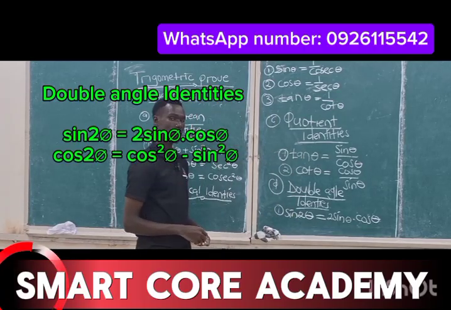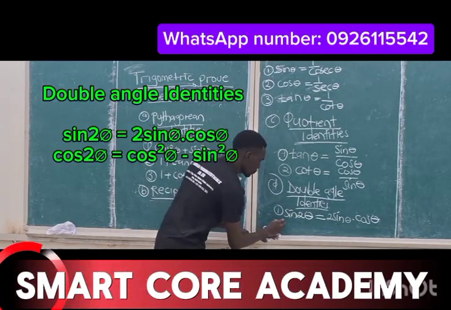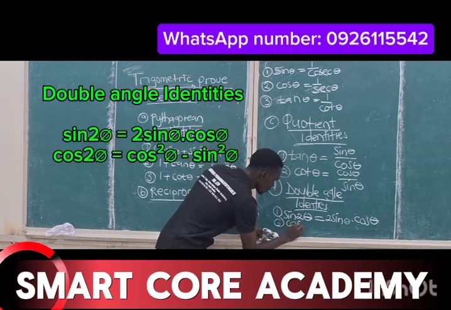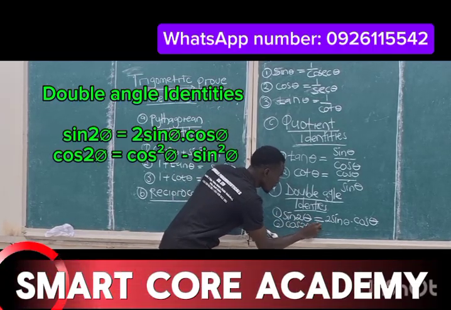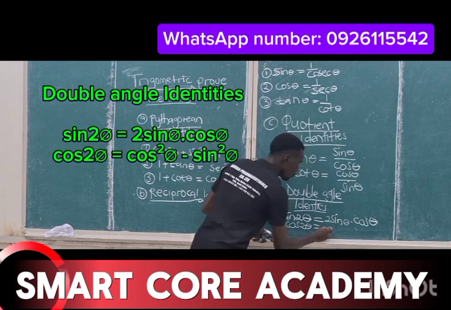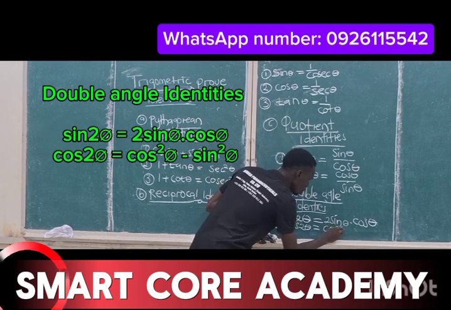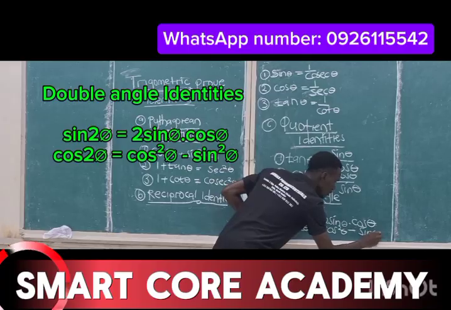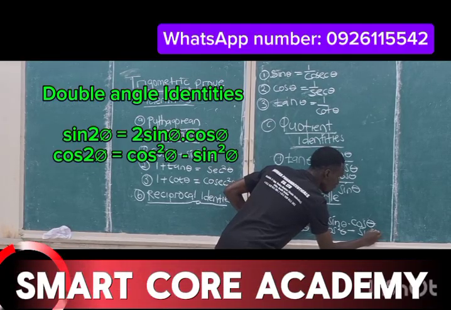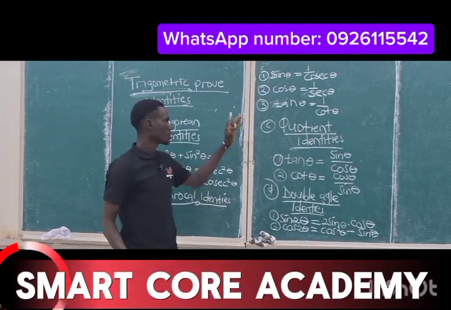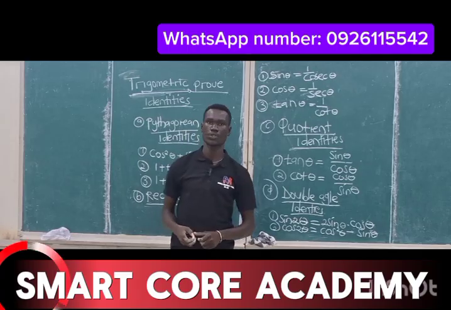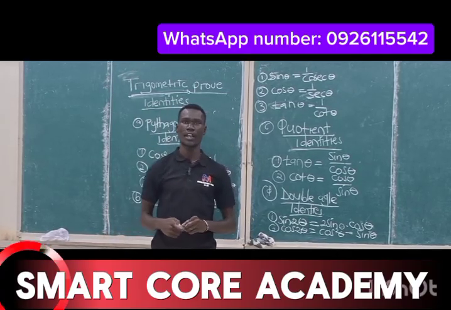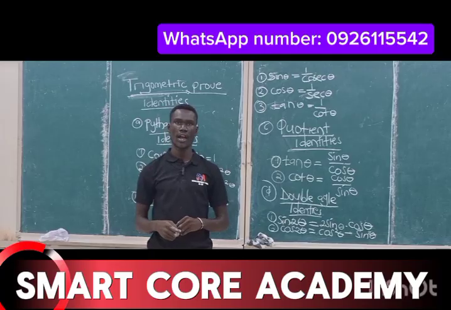That is the first. And secondly, we have what we call cos 2 theta. Cos 2 theta is equals to cos square theta minus sine square theta. Those are the four rules that we should follow when we are proving each and every trigonometric identity.